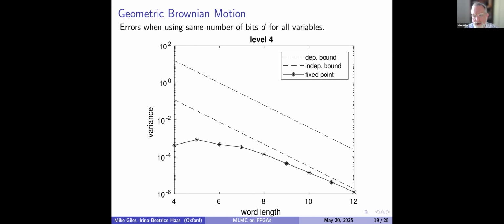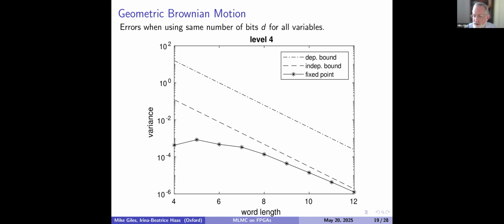So really what we concluded from these experiments is that using that independent bound, treating each of the rounding errors as being statistically independent, although that isn't mathematically justified, in practice, that is the more accurate error bound.